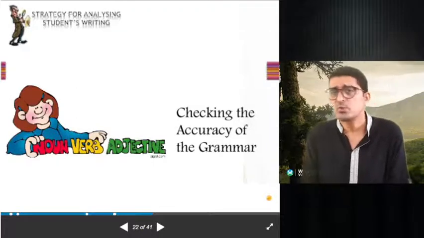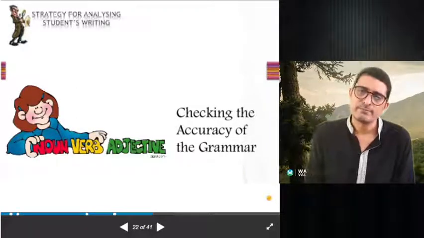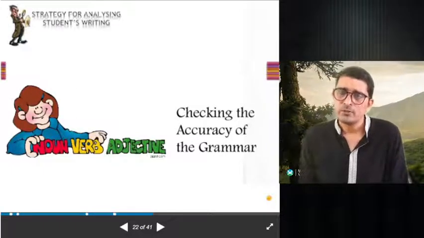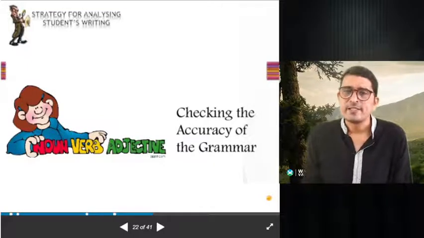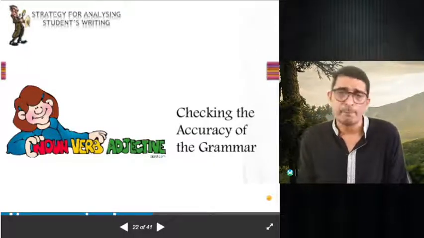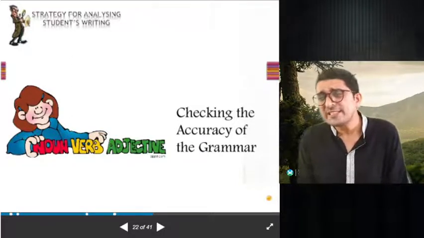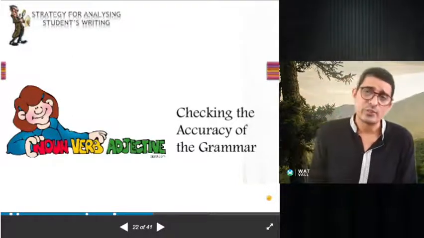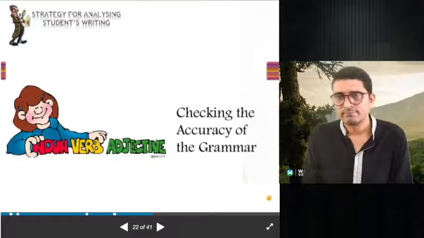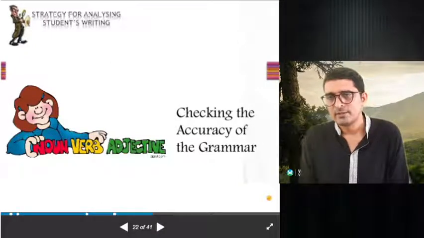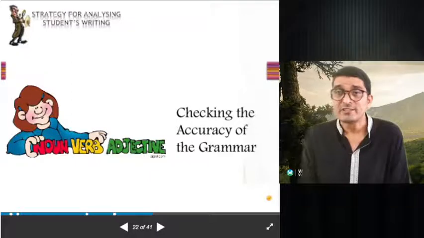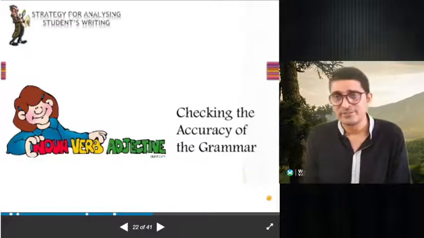I have seen this lots of times. One of my students of the 17-19 batch got only 27 marks in the Language Across Curriculum paper. But she had beautiful language.